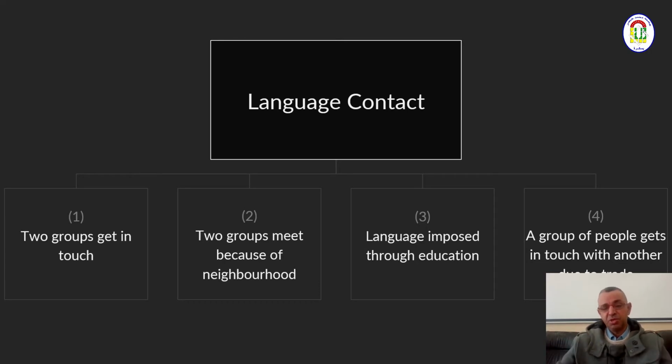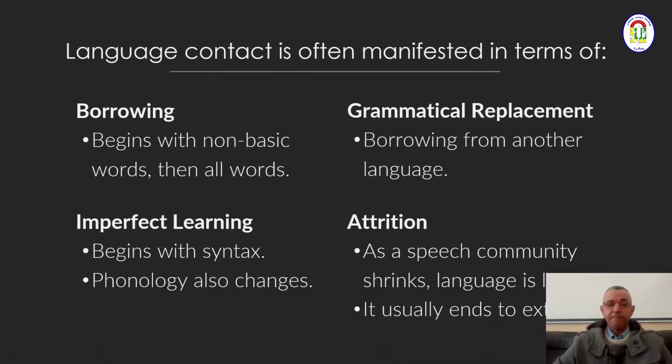This leads to change. So usually, before language change, there is a need for language contact. Very often, language contact is manifested in many ways.